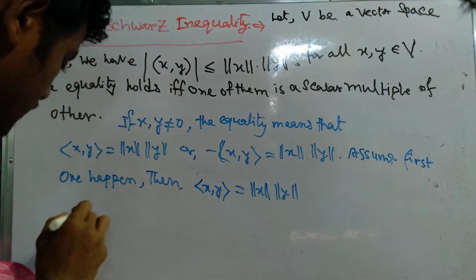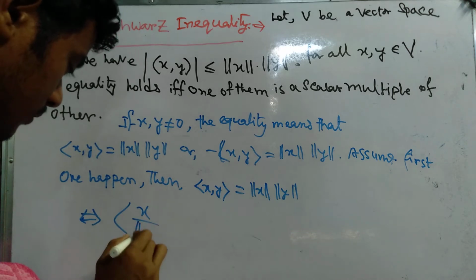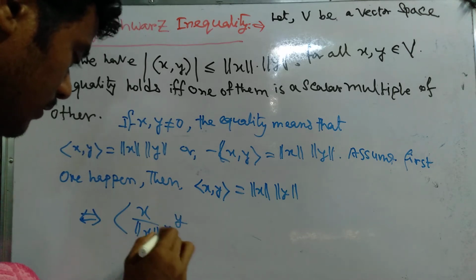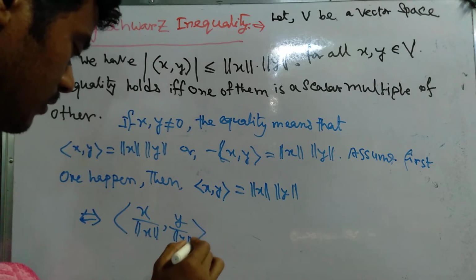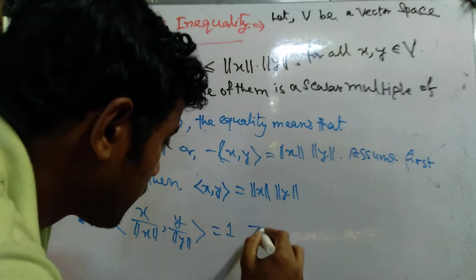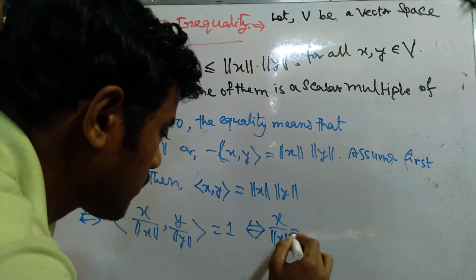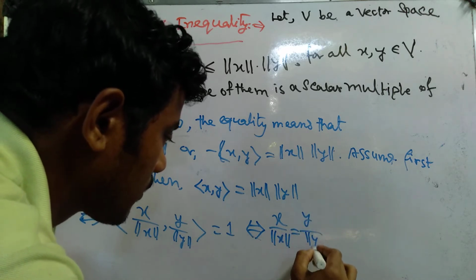This implies that the inner product of x over norm x and y over norm y equals 1. This implies that x over norm x equals y over norm y.